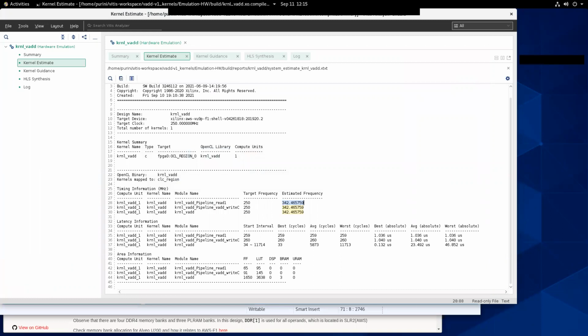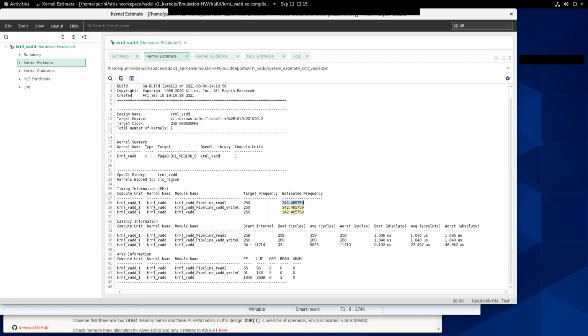And you can see here that the read1 loop takes 259 clock cycles of latency to finish. And the subsequent loop requires 260 clock cycles. This estimate is obtained through hardware emulation.